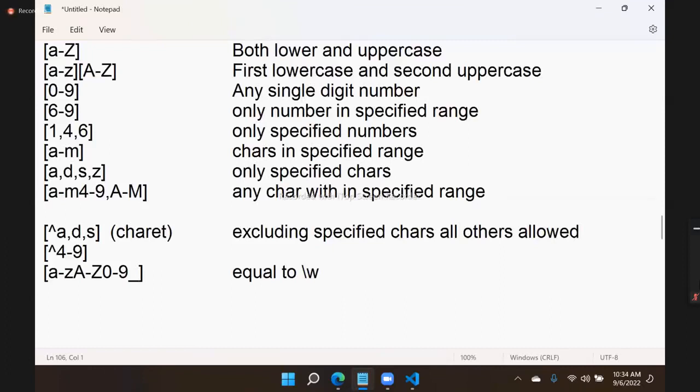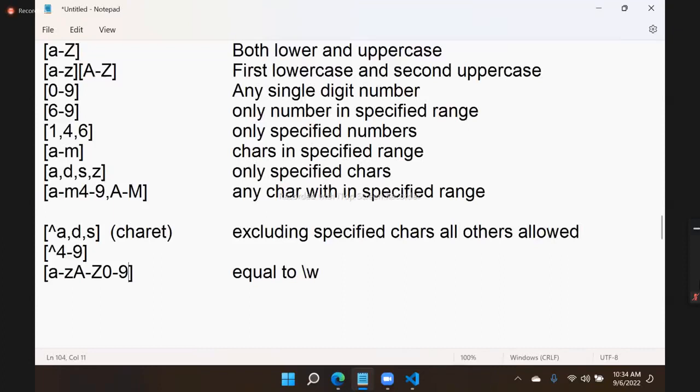You can ignore underscore, then underscore is not allowed. Suppose you ask, sir, I want everything, but underscore should not be allowed. If /W allows underscore, then you remove the underscore and write it like this. Then it will allow lowercase alphabets, uppercase alphabets, numbers, but no underscore.